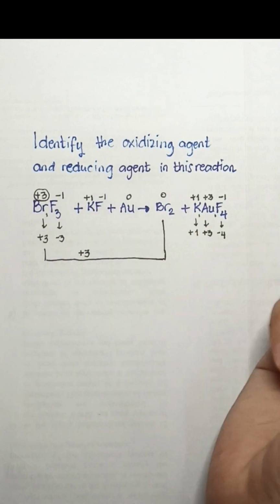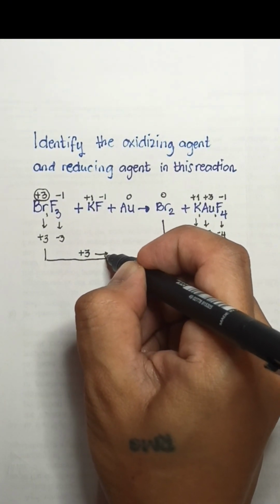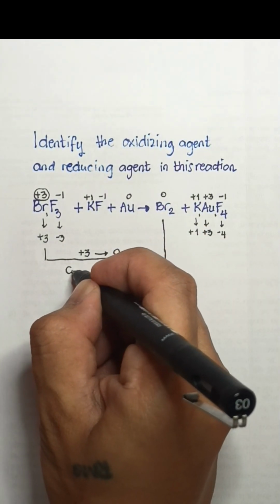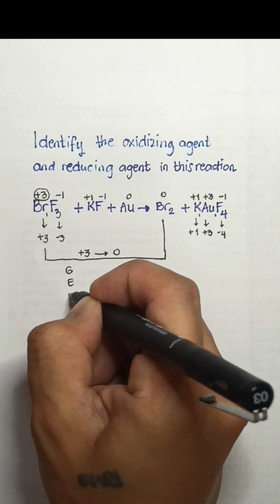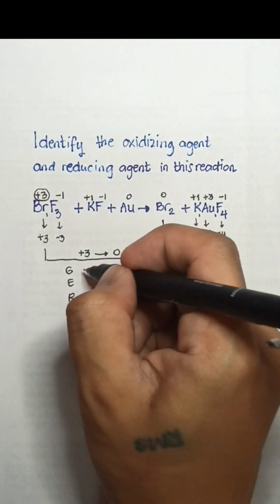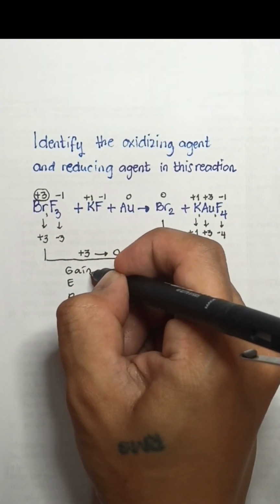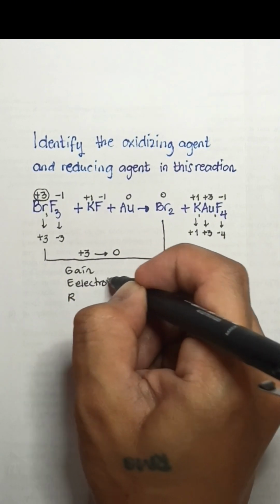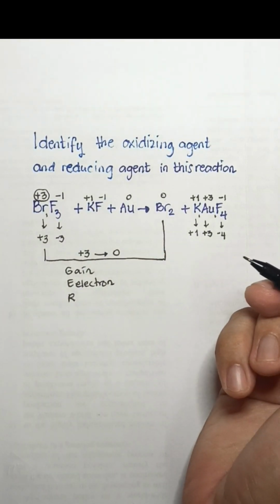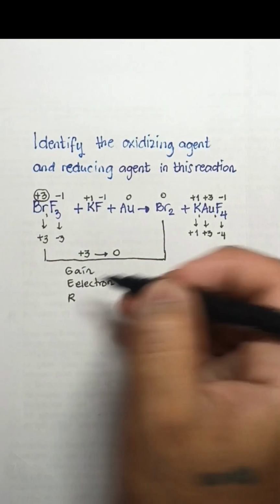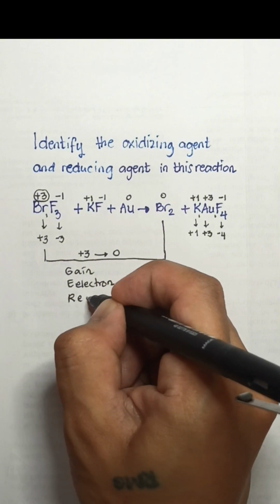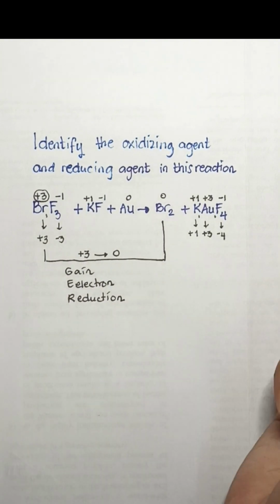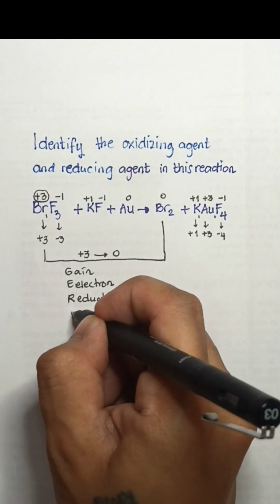This means that bromine gained 3 electrons to become 0 charge molecular bromine. So we will write here a mnemonic, GER, GER, G for gain, E for electrons, and R for reduction. From +3 to 0, it means that the number was reduced. Our substance is reduced.